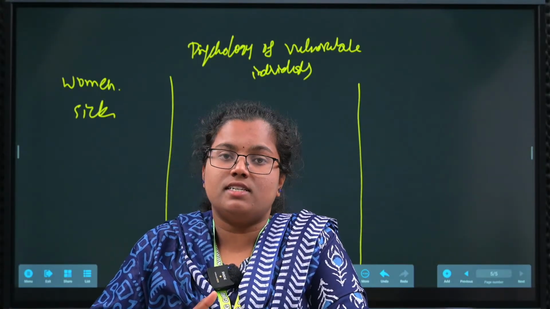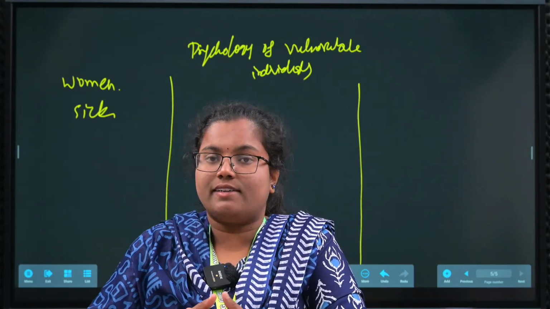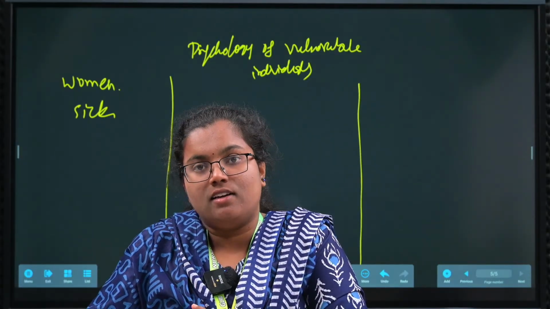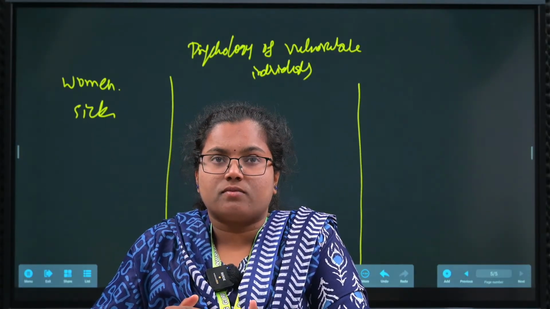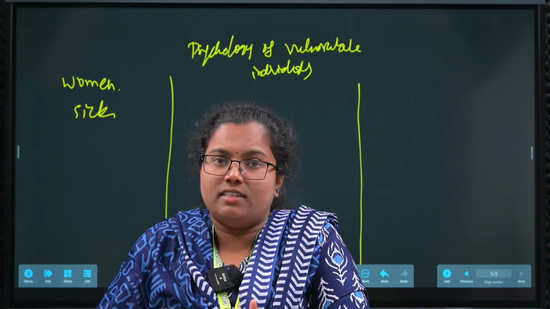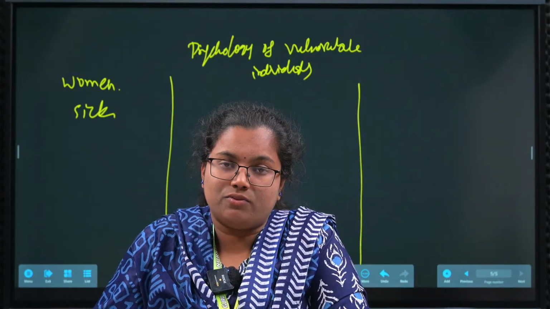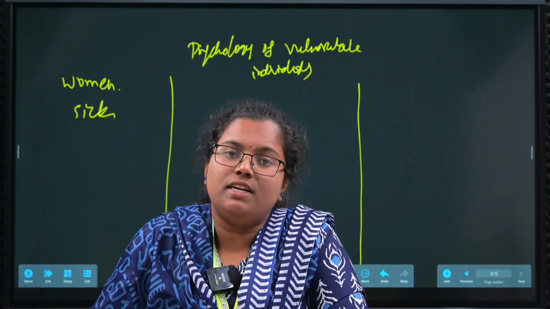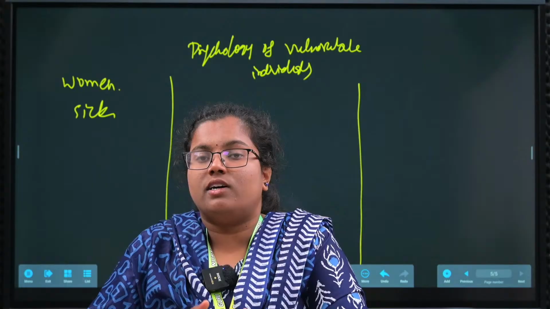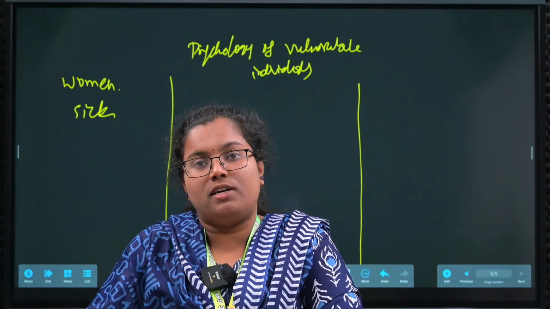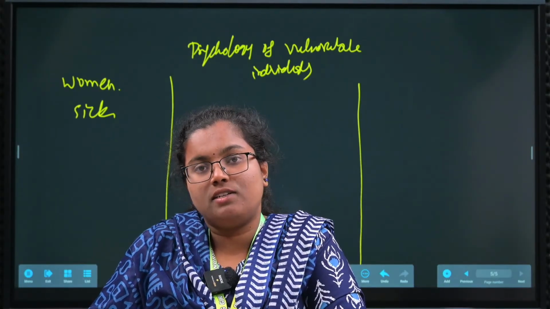If they detect early, we can go for further treatment or take further measures. If they are not aware of their disease, or if they delay or are negligent, it will lead to further complications. So early detection and diagnosis are very important. Prognosis is very important here.